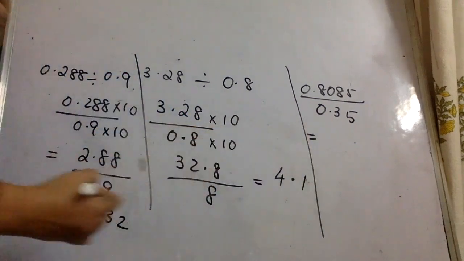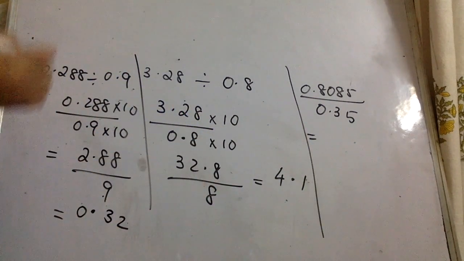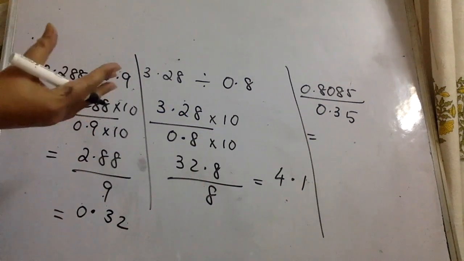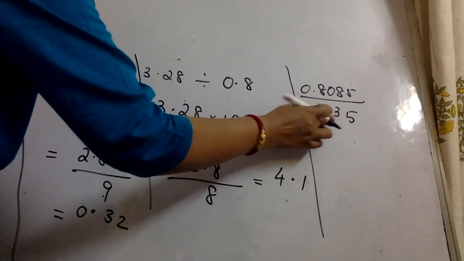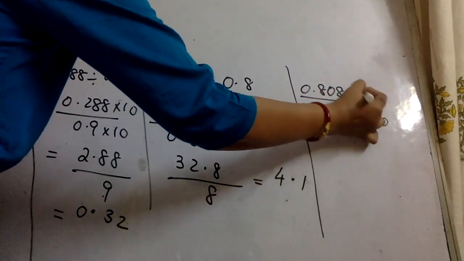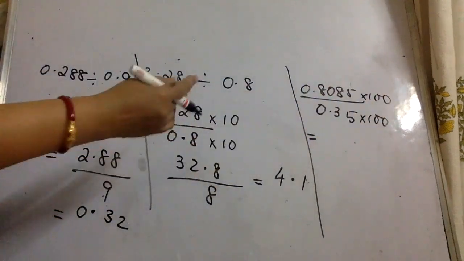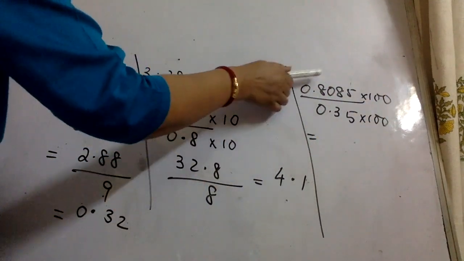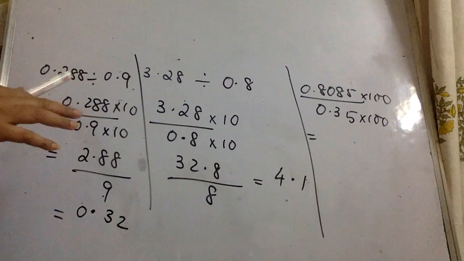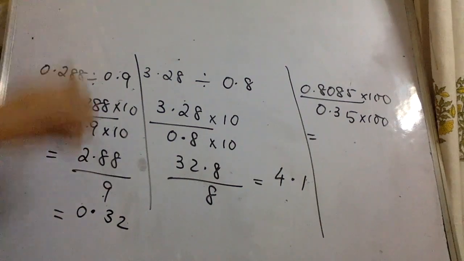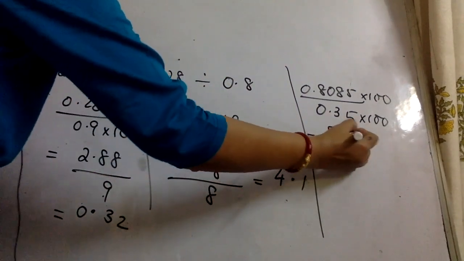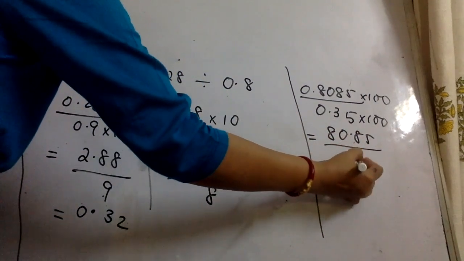Now what do you do here? You have to multiply with 100 up and down to get this out of decimals completely. If I give 100 here, I have to give it here also, otherwise I change the question itself, which is wrong. Now I get 80.85 by 35.